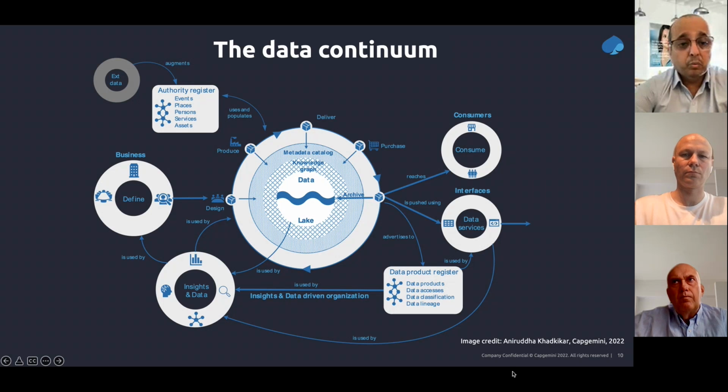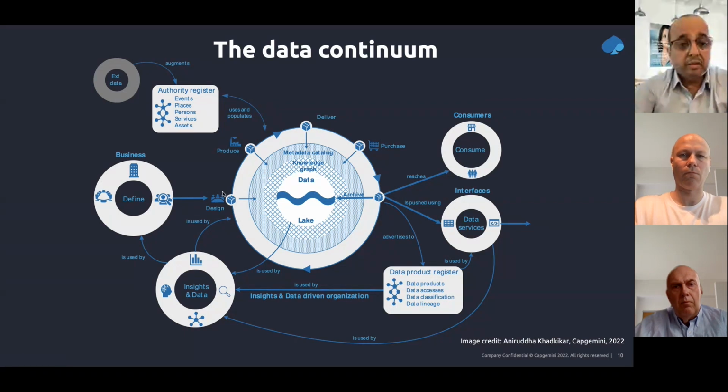And if we look at the way we go through different phases when you either define a product or a business service, you begin on the business side with defining requirements, and you get a market need that starts the design phase of a particular product.